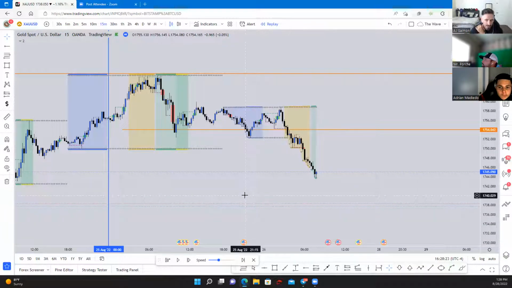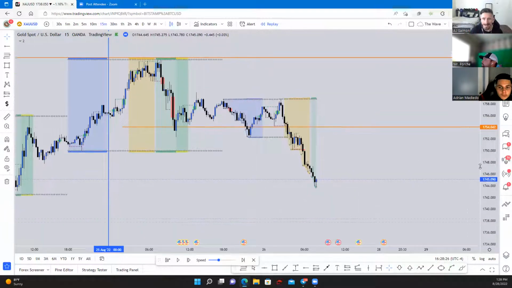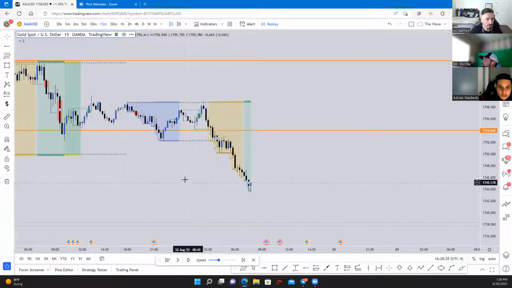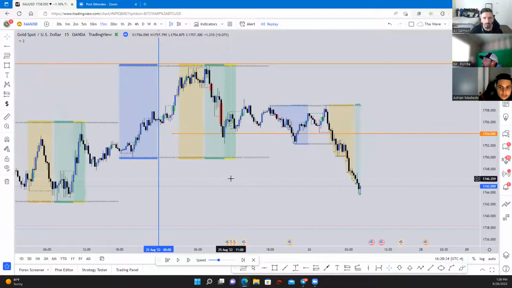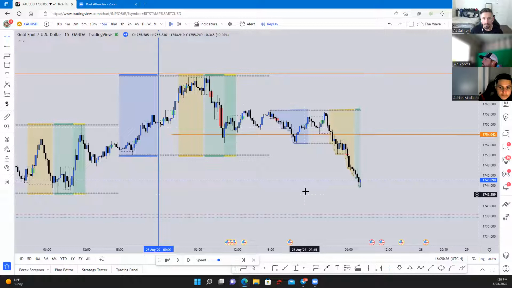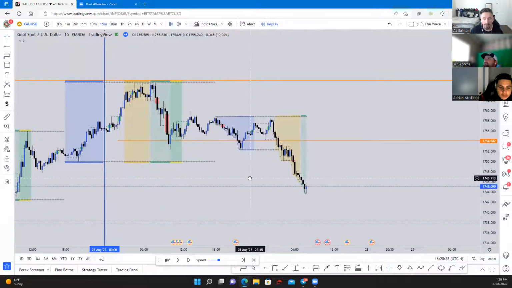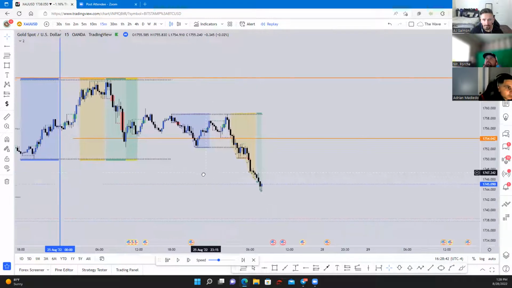Sunday and Friday are kind of iffy, right? It could kind of do what it wants to do on those days. But Monday, Tuesday, Wednesday mainly are where the bulk of the movement is going to be, where highs and lows are going to be taken and stuff like that.